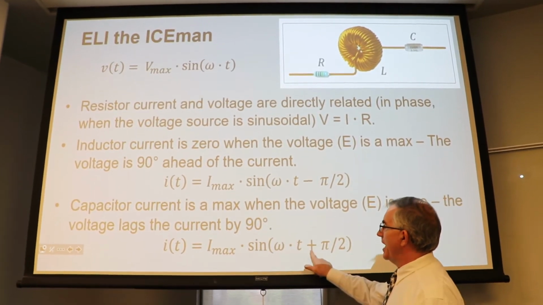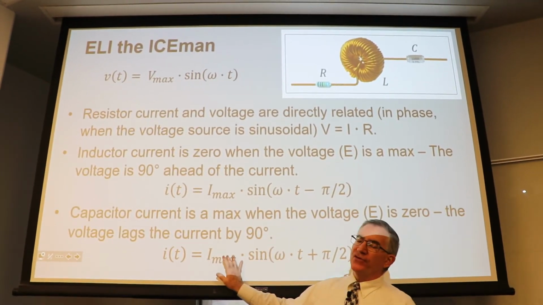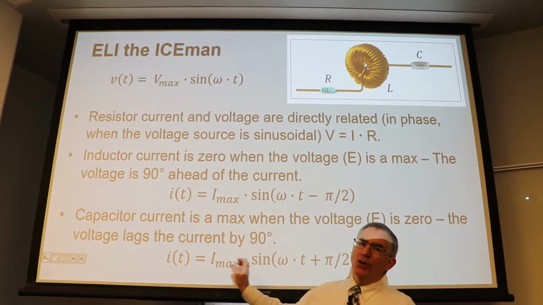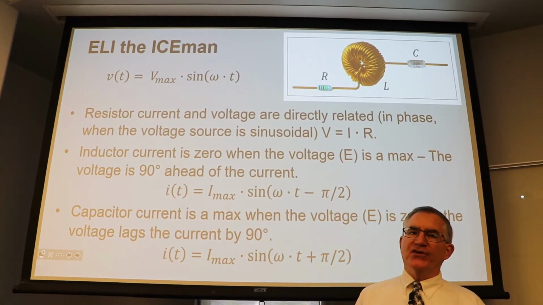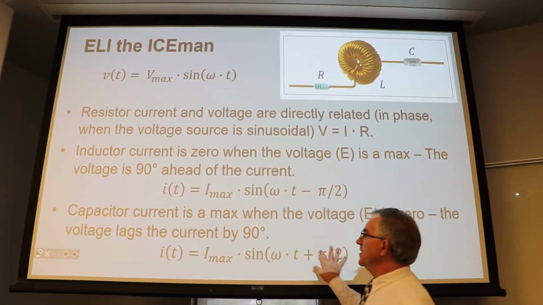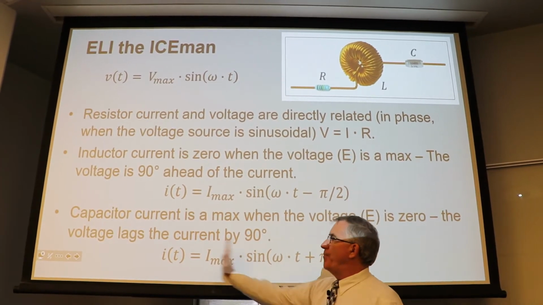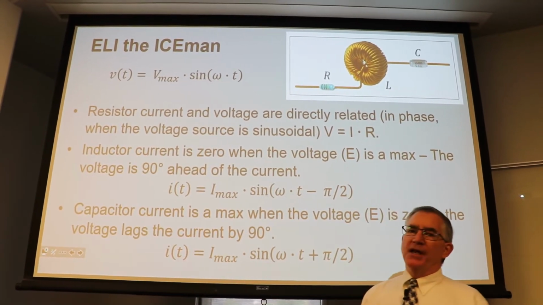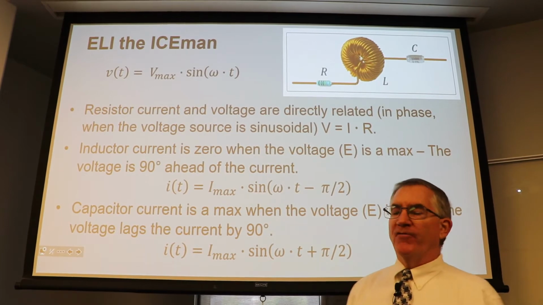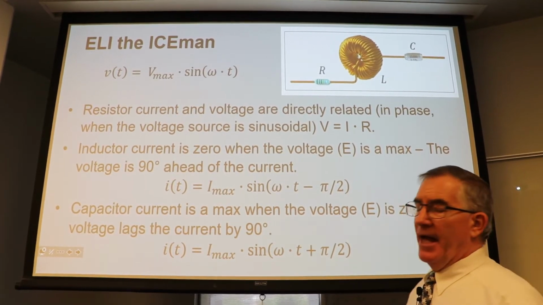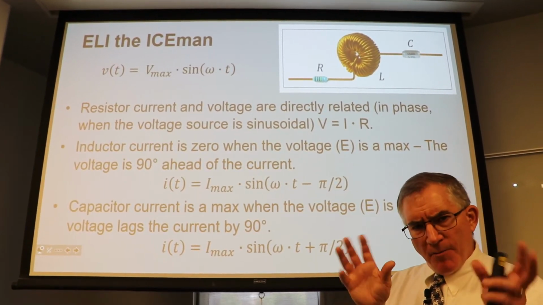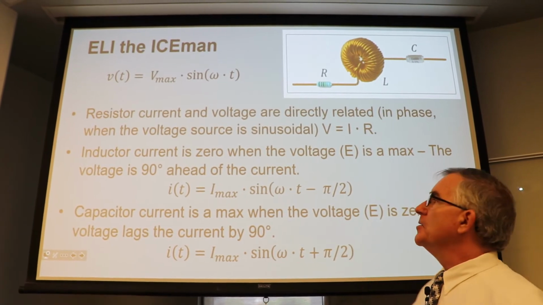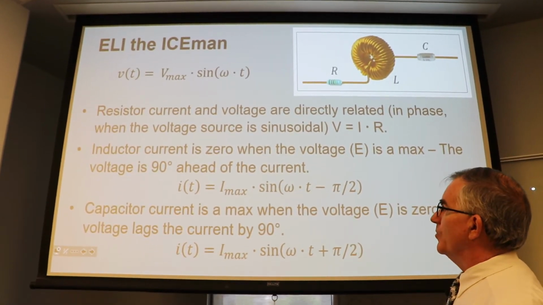Down here, the plus sign means that the current is first maximum when the voltage is 0. Okay, so this sine wave, if you move it back, it will be 90 degrees, 1/4 of a phase ahead of the voltage. It's all going to make sense in a second. I know just going through that is a little bit complicated.